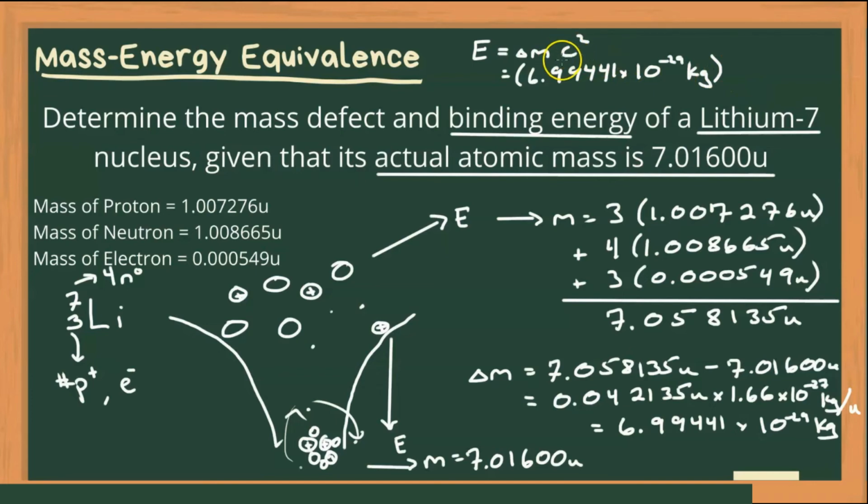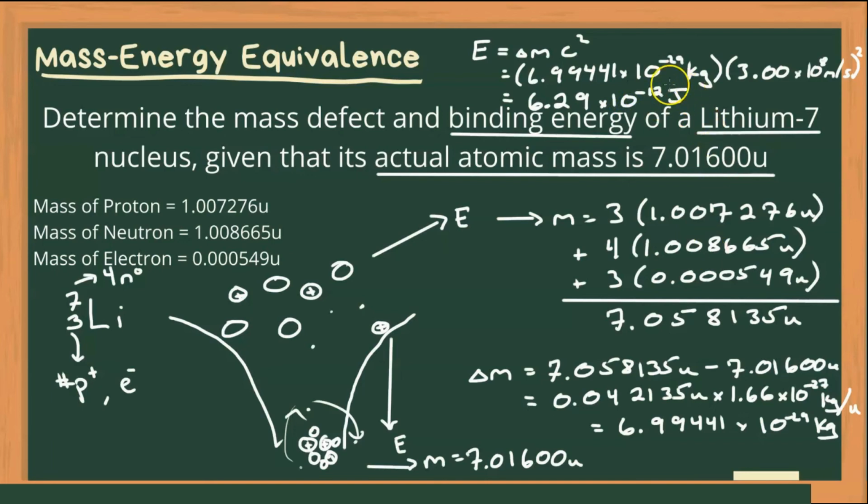So c stands for celeritas, which means swiftness, and it's the speed of light, which has a value of 3.00 times 10 to the 8 meters per second squared, which gives us a binding energy of 6.29 times 10 to the minus 12 joules.